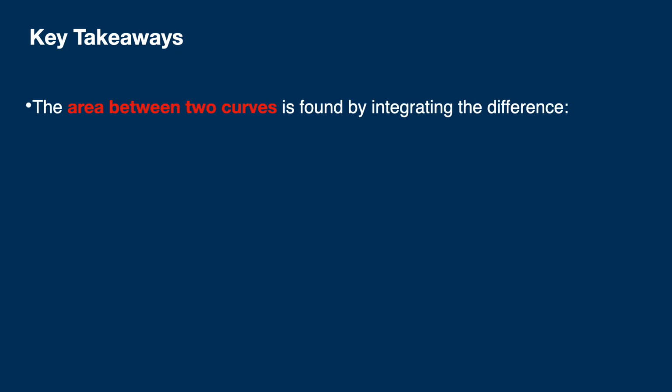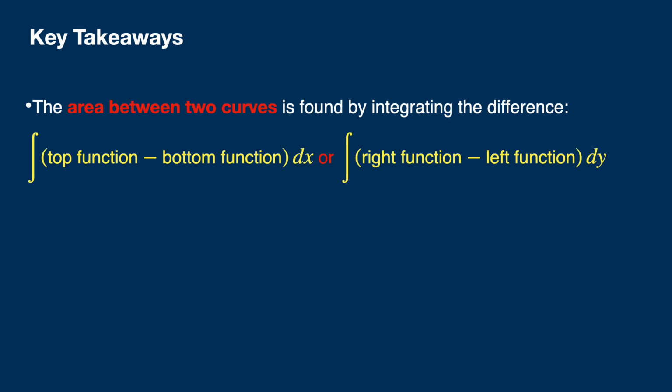So here are the key takeaways for area between the curves. The area between the curves is found by integrating the difference. One is top function minus bottom function, that's going to be dx, the vertical slices. Another way you find the area, right function minus left function, that's the horizontal slice, going to be dy.